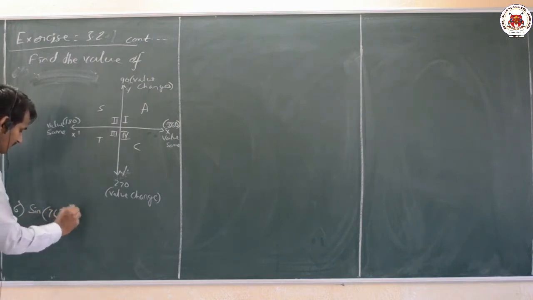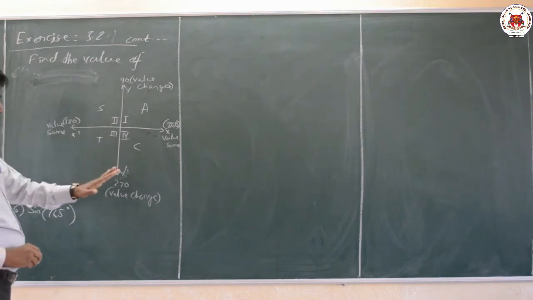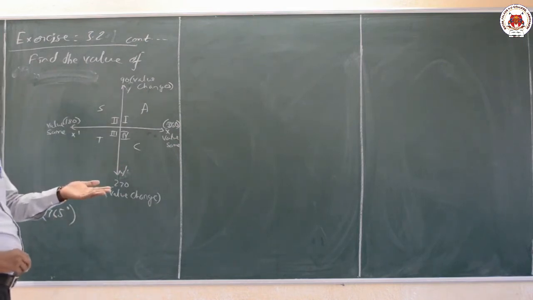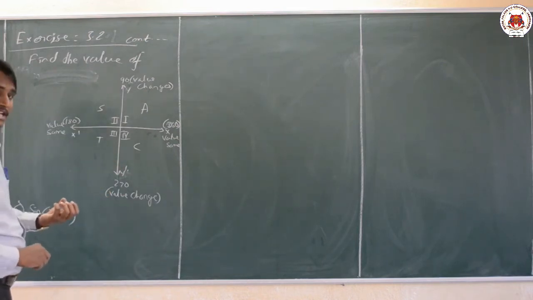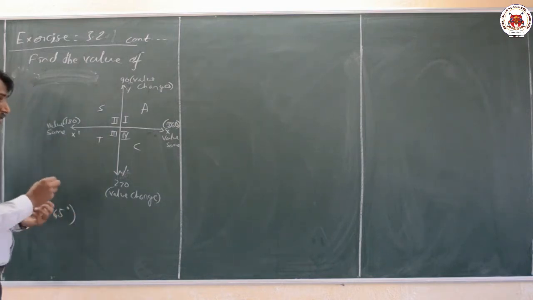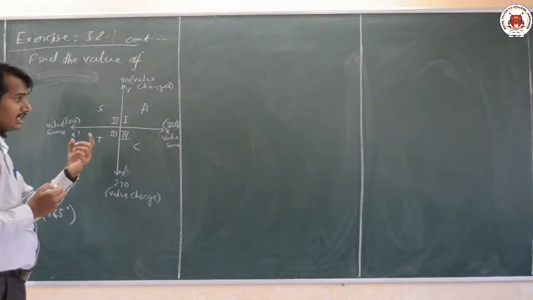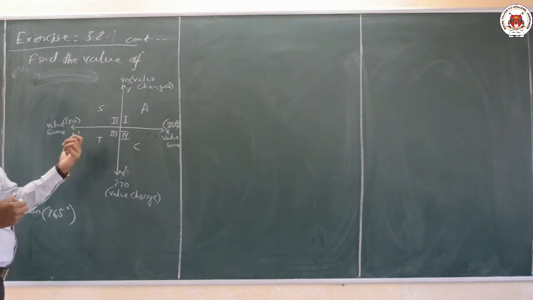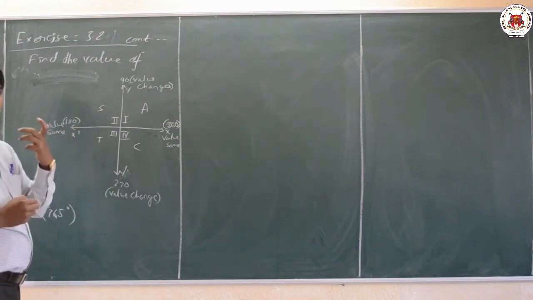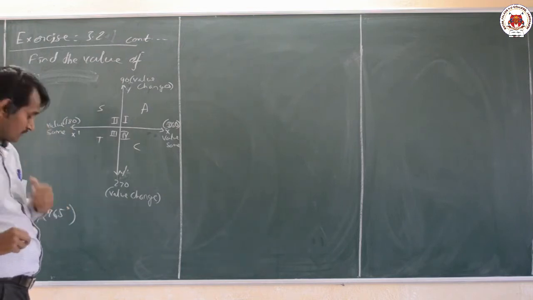degrees. Now we know that whenever it goes beyond 360, we have to take whether we can add or subtract some standard values. What are the standard values? 180 plus or minus, 360 plus or minus, 90 plus or minus and 270 plus or minus. In that standard format we have to look here.